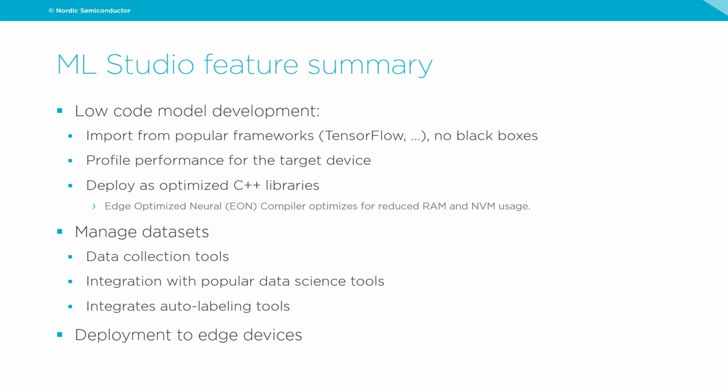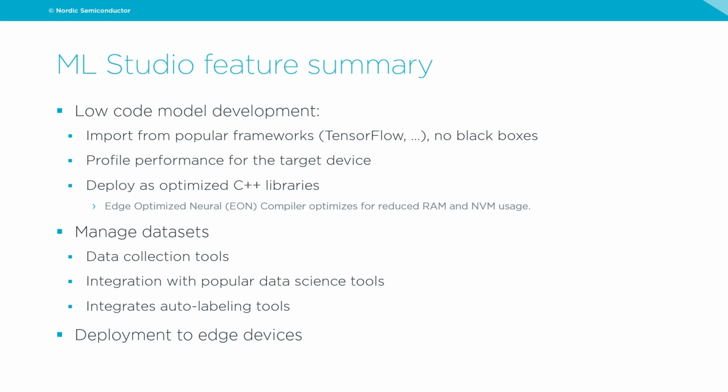You can also use this platform to profile the performance of your model for the target device that you wish to run it on, for example, the Arm M core that is in your nRF SoC. You can deploy in multiple ways. One way is to deploy as binaries, specifically for your Nordic device.